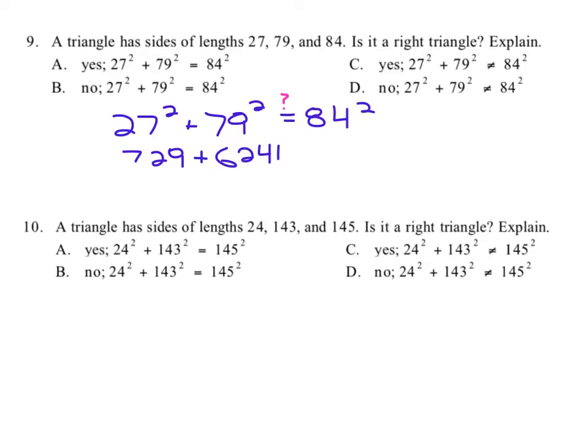Is it equal? And let's see, about 84 squared is 7,056. And so let's take those two numbers and add them together.